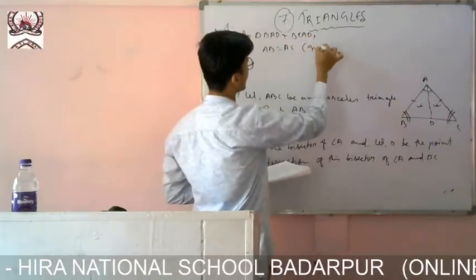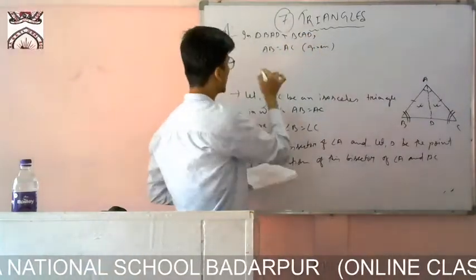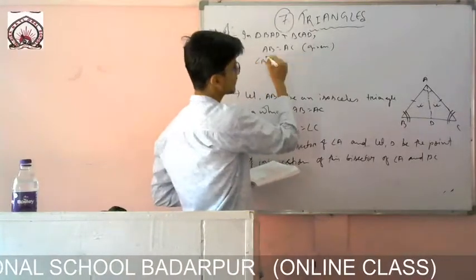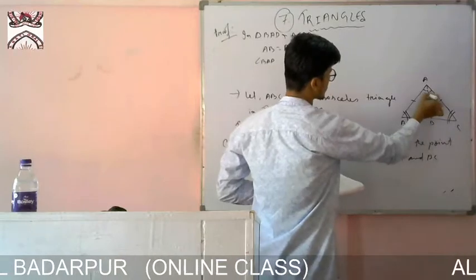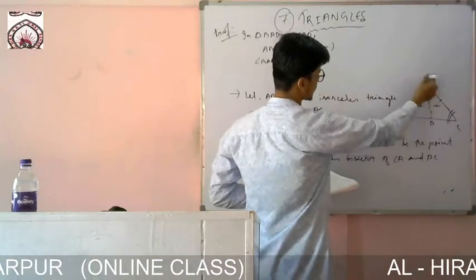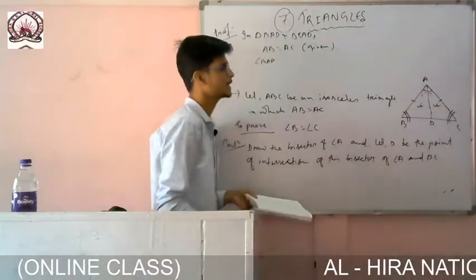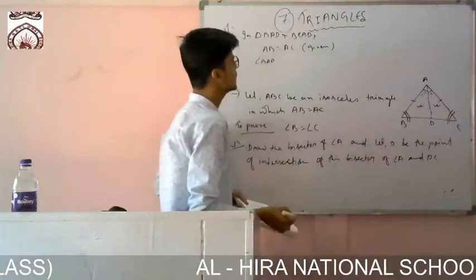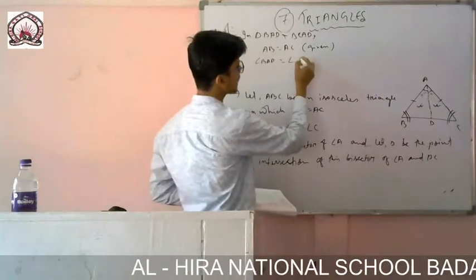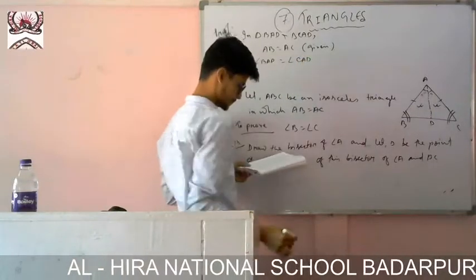Angle BAD: this is the bisector, no? So these two angles are equal. If AD is the bisector of angle A, then angle BAD will be equal to angle CAD.